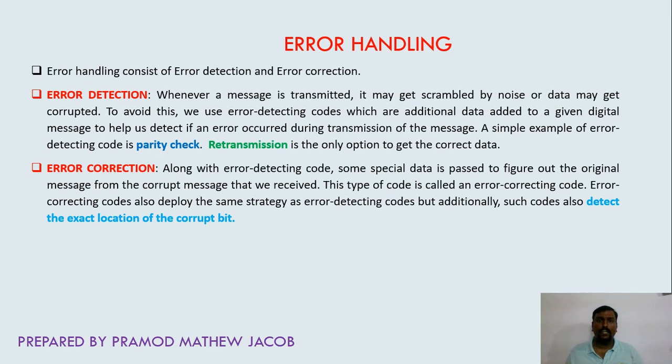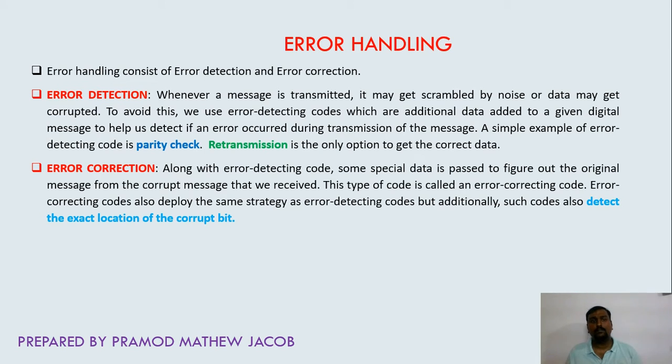Error detection and error correction are the two error handling mechanisms. First, let's see what error detection is. Whenever a message is transmitted, it may get either scrambled by noise or the data may get corrupted. In order to avoid this, we use error detecting codes, which are additional data added to the given digital message. This additional data will help us detect if an error occurred during the transmission of the message.